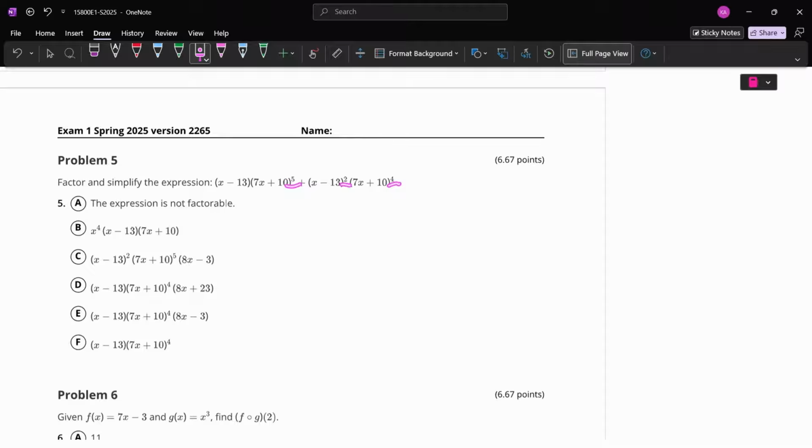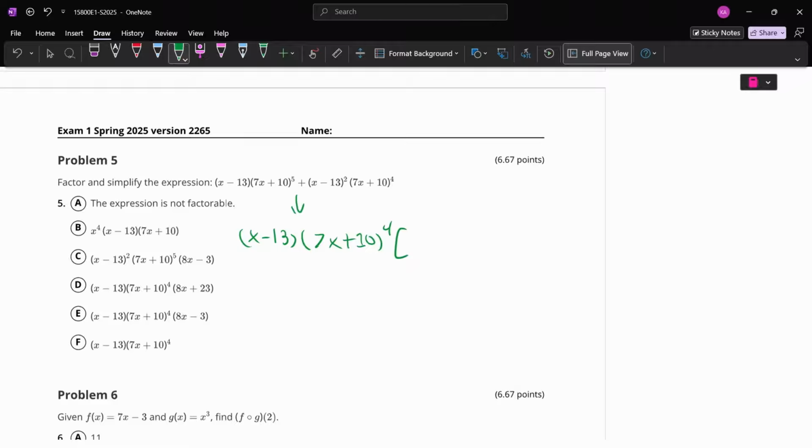We can take out a single x minus 13, because this goes to the first power and this goes to the second power. Then we can take up to four multiples of 7x plus 10, because we have a 4 here and a 5 here, and we can't go any further than that. So you can factor out an x minus 13 times 7x plus 10 to the 4th power.